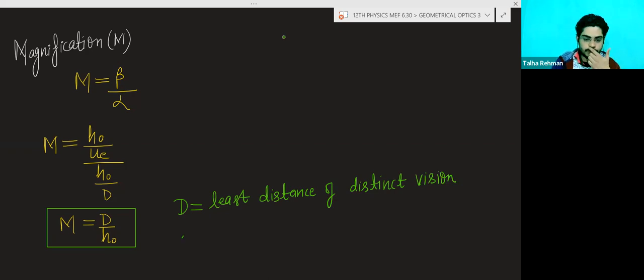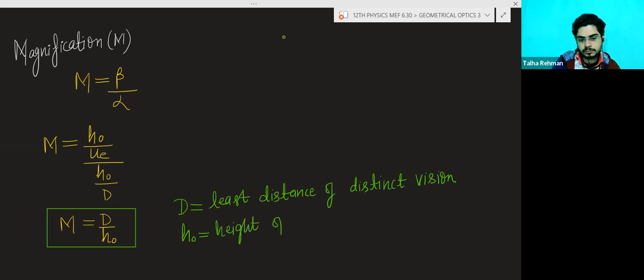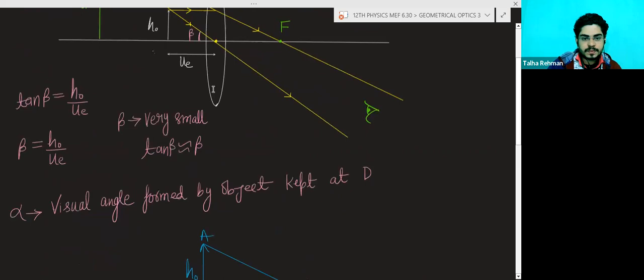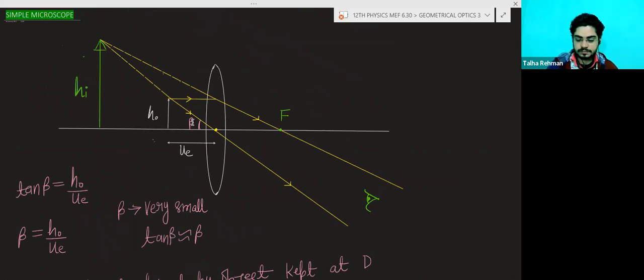And HO is the height of object. Okay. And what is this beta? This beta is basically the visual angle.